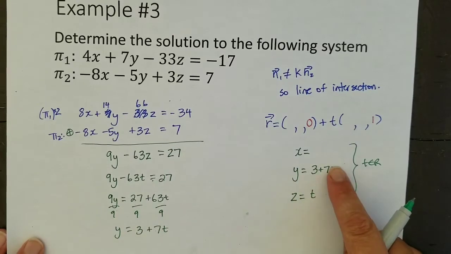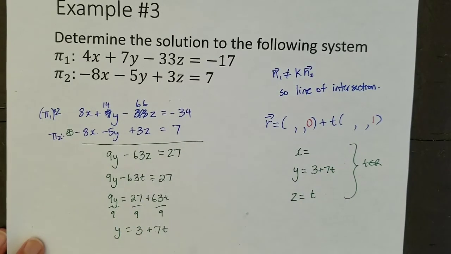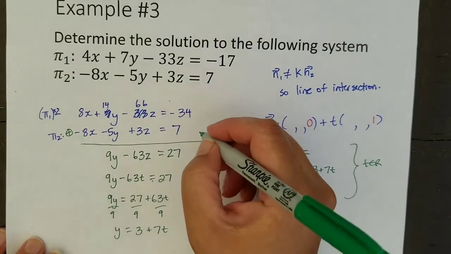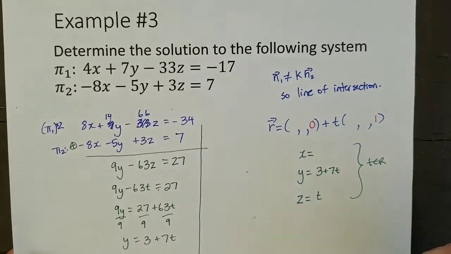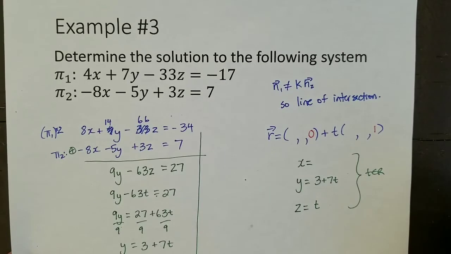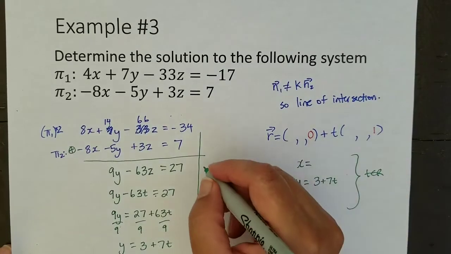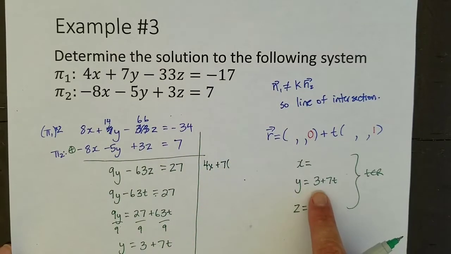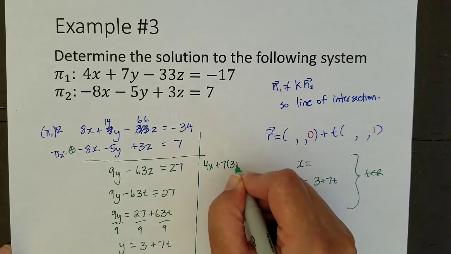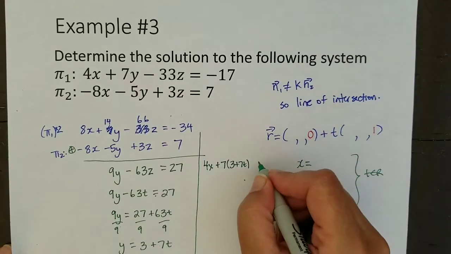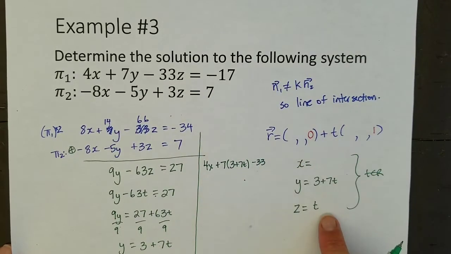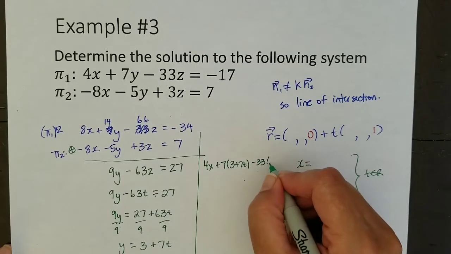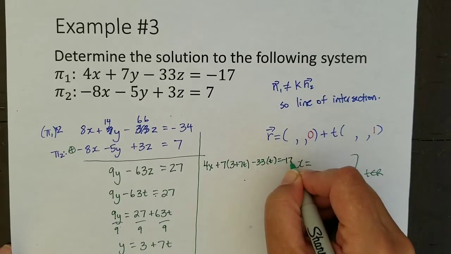So we'll take the y and the z and substitute them into either of the first two equations to solve for x. I'm going to be a little bit squeezed for space here, but we can do this. I'll go right into the plane 1 equation. So I have 4x plus 7 times the parametric equation for y, negative 3 plus 7t, minus 33 times the parametric equation for z, which is t, equals negative 17.